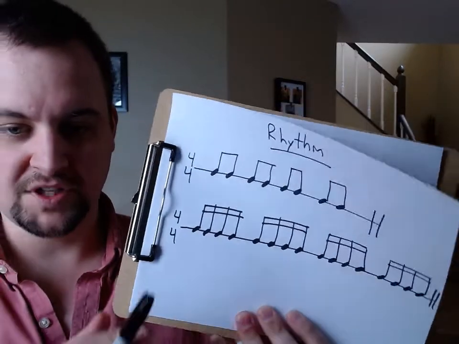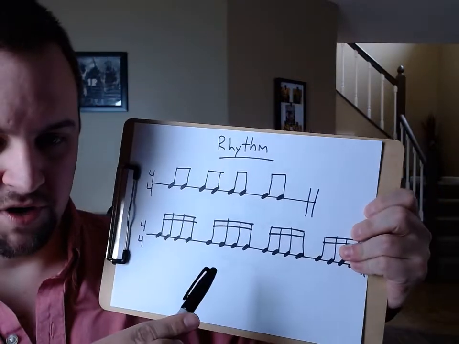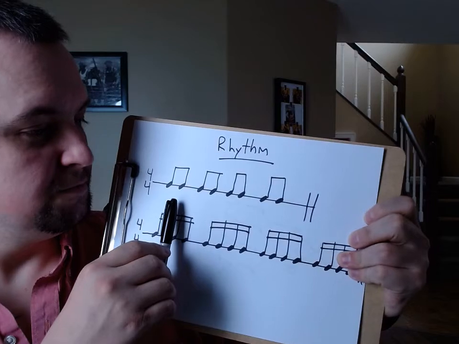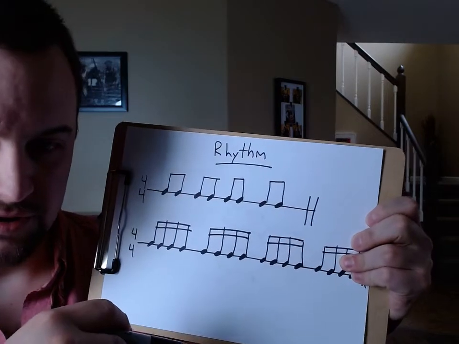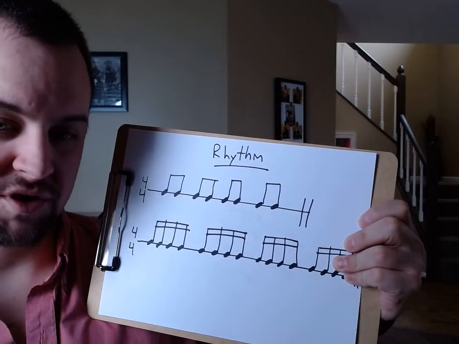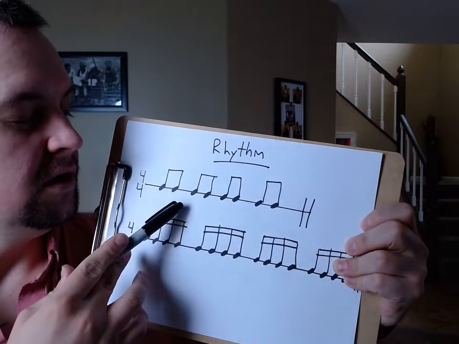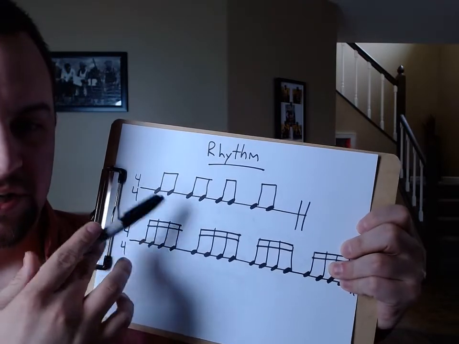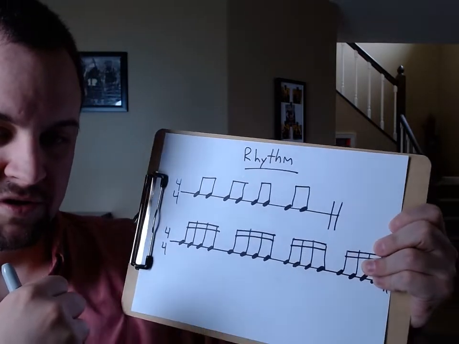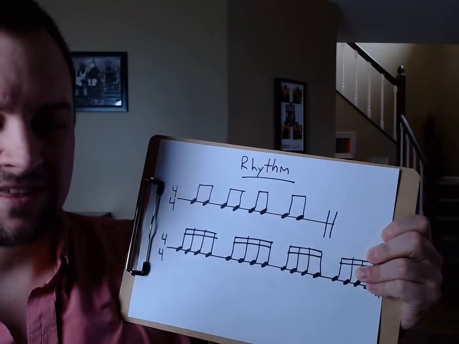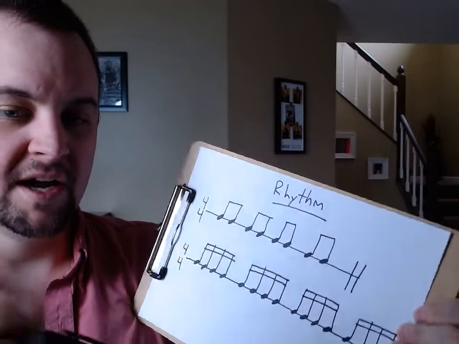And when we're in 4/4 time, because there are two eighth notes per pulse in 4/4 time, each pulse gets two eighth notes. So, of course, you have eight eighth notes in a measure, right?